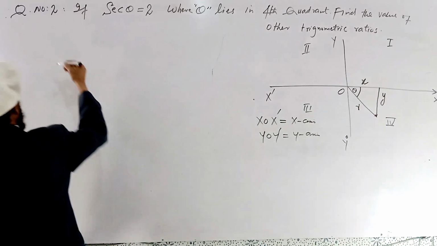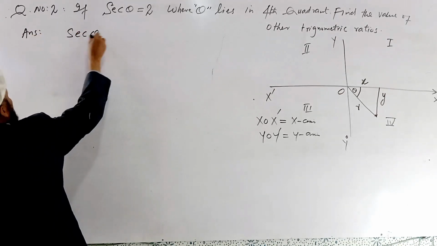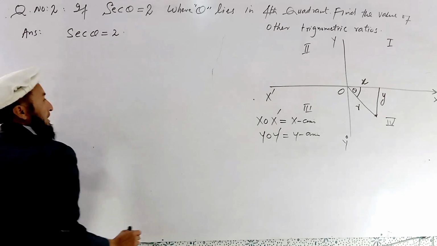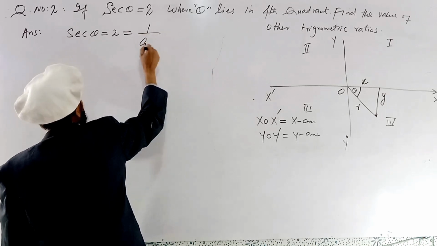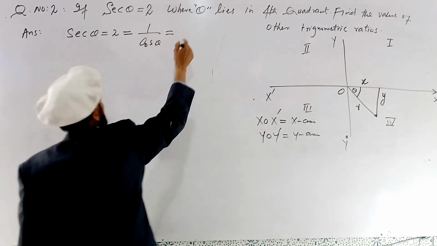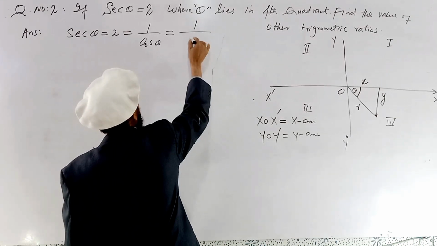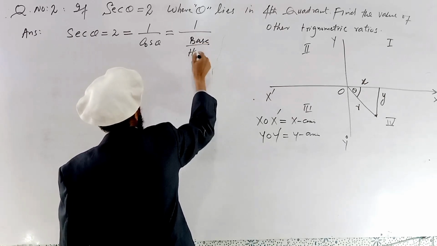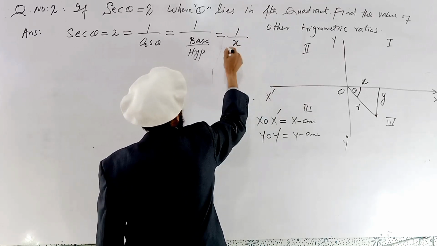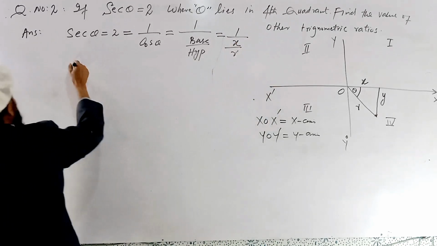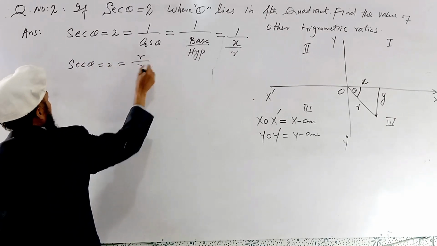According to the definition, secant theta is the reciprocal of cos theta, which is 1 over cos theta, and cos theta is base divided by hypotenuse. So 1 divided by x over r. We can write secant theta equal to 2 is equal to r divided by x.